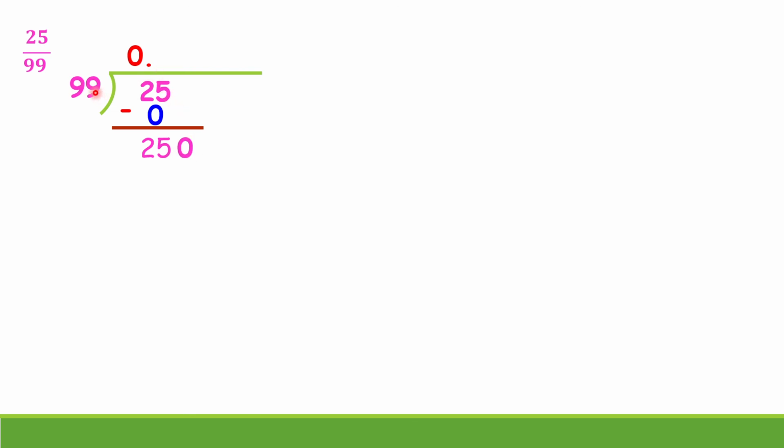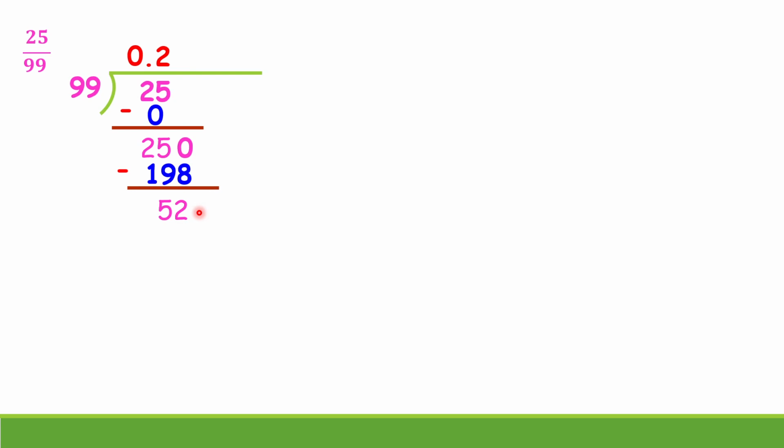Now count the table of 99 up to the number which is near to 250. That means 99 2s are 198. Therefore, the quotient is 2. Subtract 198 from 250. How much is remaining? 52 is remaining. This 52 is also less than 99.